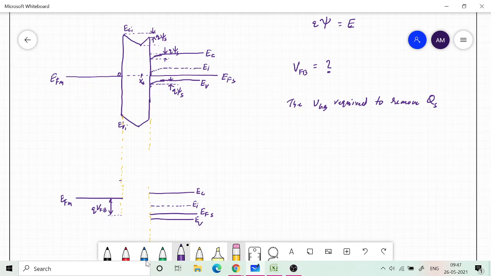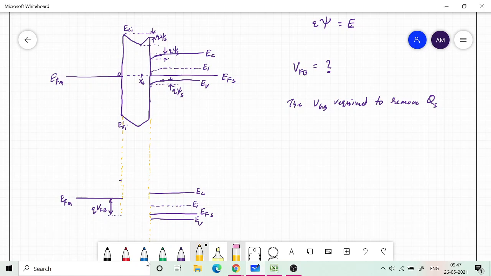Okay, so now if this is the case, how is it going to look in the oxide region? As you remove the field lines beyond x0, the slope of this EC and EV in the oxide shouldn't be there. It has to be flat, because voltage is only present if there is electric field.